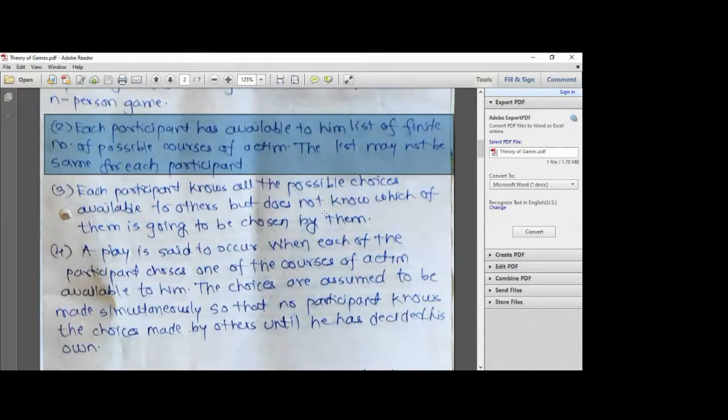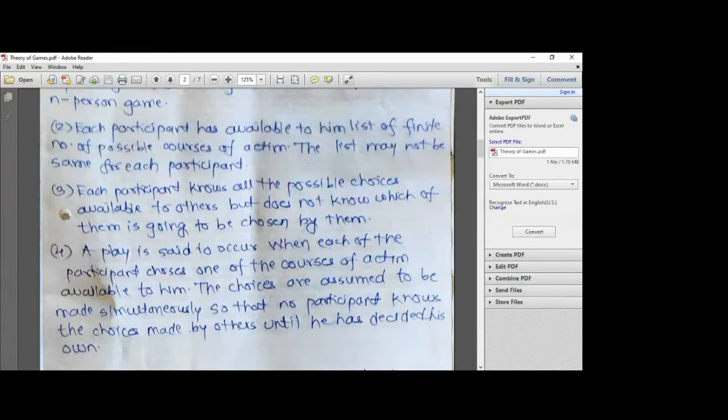For example, each participant will have five actions, a finite number of actions: action A, action B, action C, action D, and action E, and he has to select the proper action depending upon what the other participants have selected. Right? So the list may not be the same for each of the participants, right? So this is very obvious.